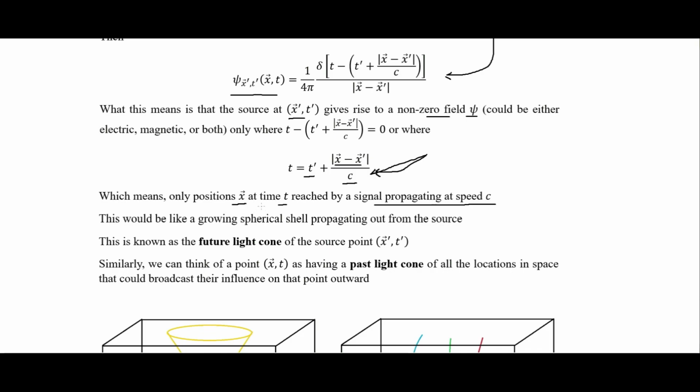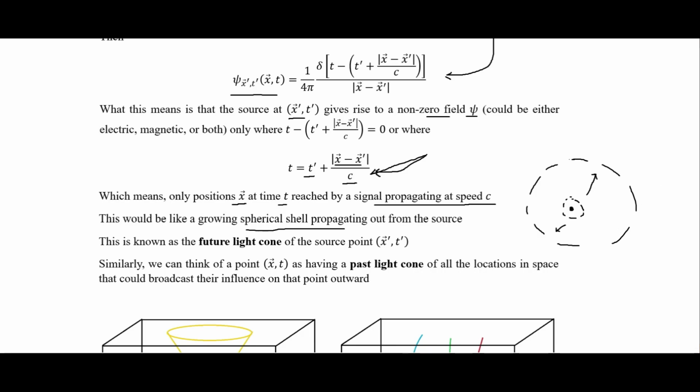And so the field is propagating at the speed of light in a spherical shell from the source. Our point particle pops into existence, then at some time t1 it will be at this space here, then at some time t2 it will be at this space here, propagating outward in all directions. This is known as the future light cone of the source.